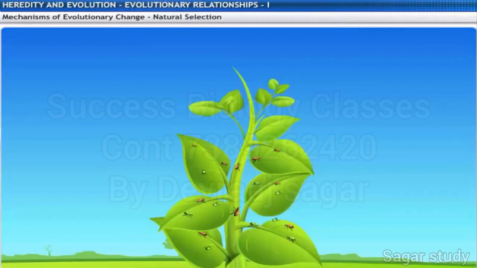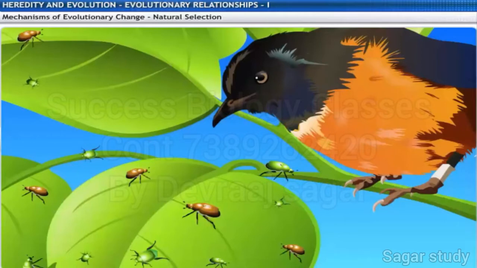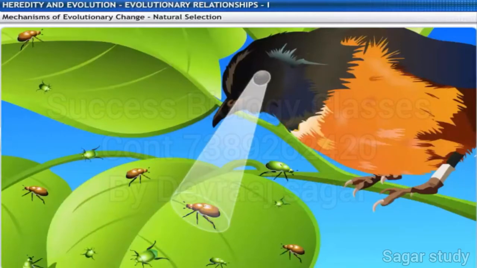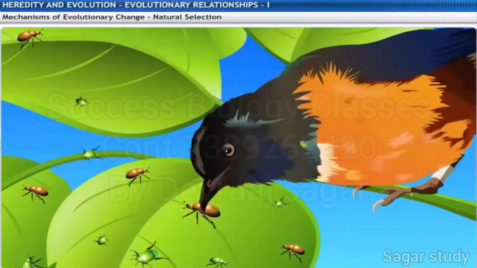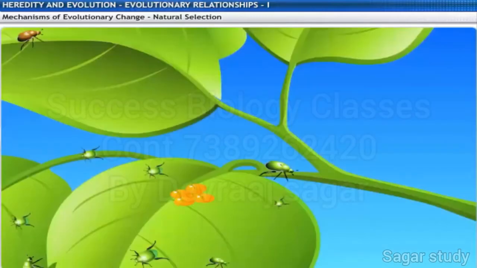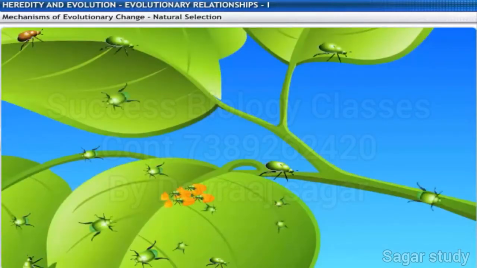Let's consider a slightly different situation. A population of green and brown beetles is crawling on the leaves of a bush when a bird appears. Brown beetles are more visible on the bushes than green beetles, so the bird is more likely to feed on them. Green beetles, which are likely to survive, will bear the responsibility of producing the offspring.